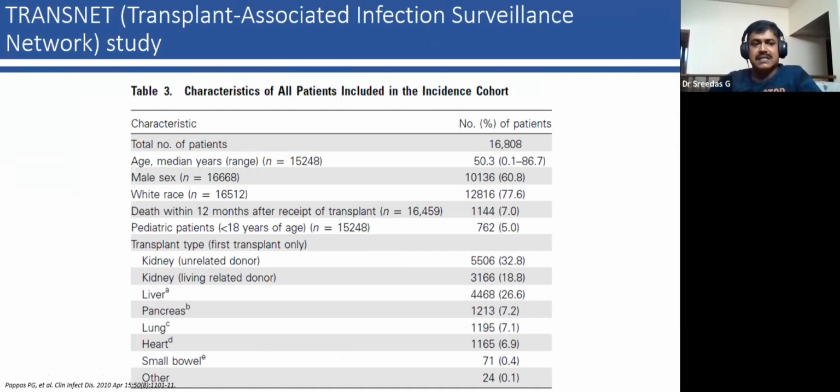So this is the timeline of how the fungal infections happen. This Transplant study is one of the biggest studies of infections in post-transplant patients. We can see that it has studied around 17,000 patients, 50% of which are kidney transplant recipients.